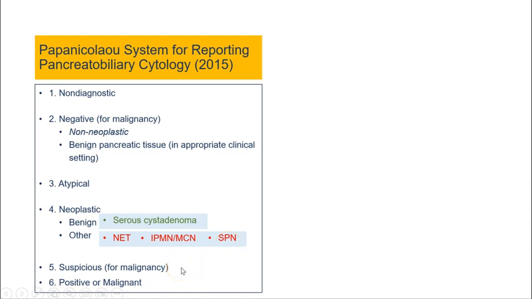Following this, we have the category for suspicious for malignancy, and then finally positive or malignant.